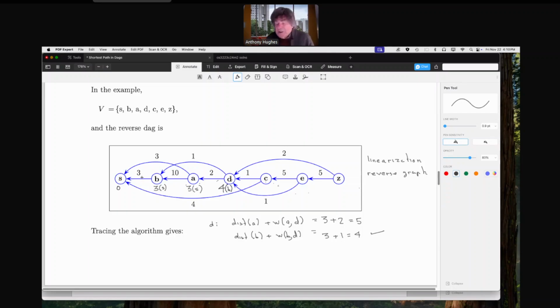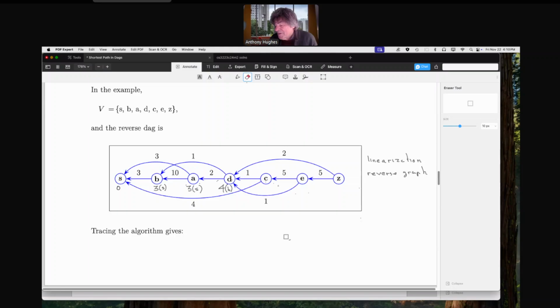All right, next one. It's fairly simple. Let's look, the next one is C. So let's rub this out. And you can see a computer could do this very easily.